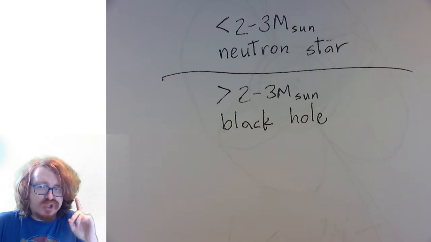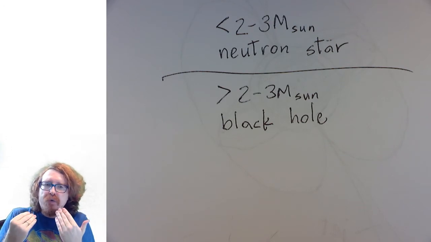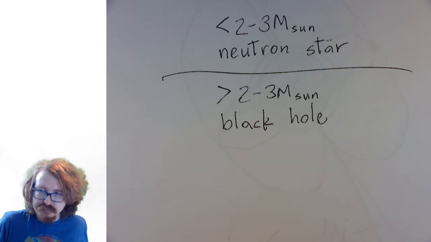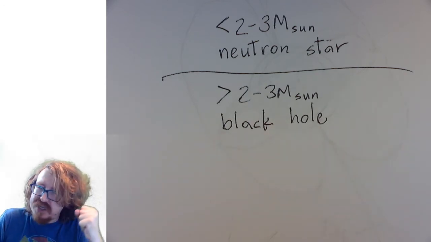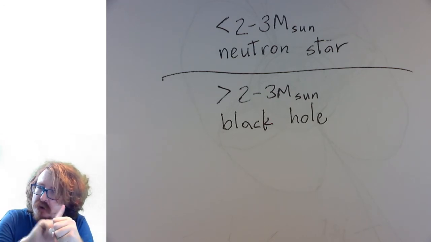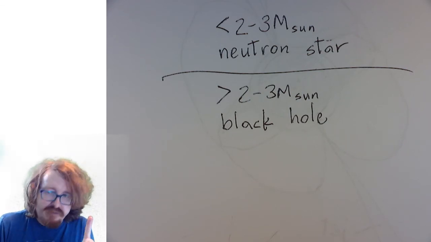The gravity is so strong that nothing will be able to fight again. So a black hole is an object that is crushed so tight that its gravity at its surface is so high that nothing can fight it ever again.